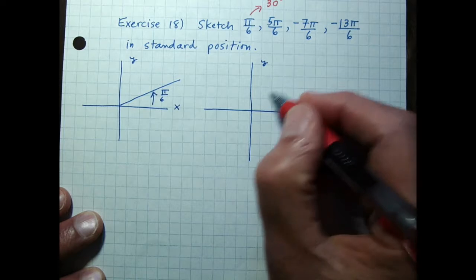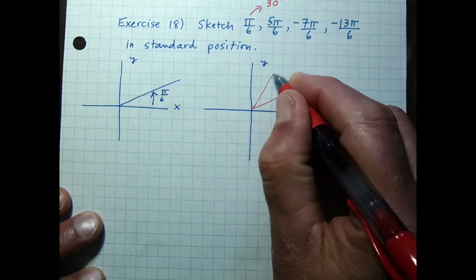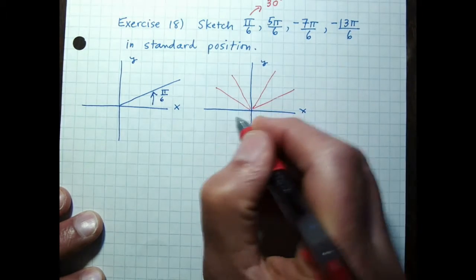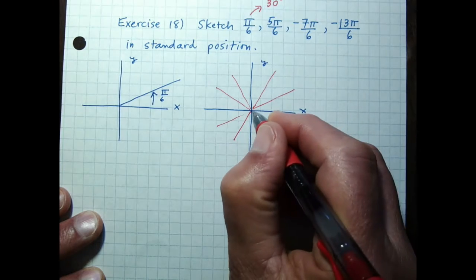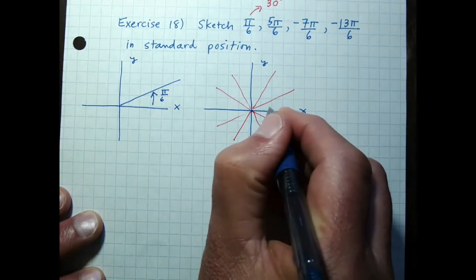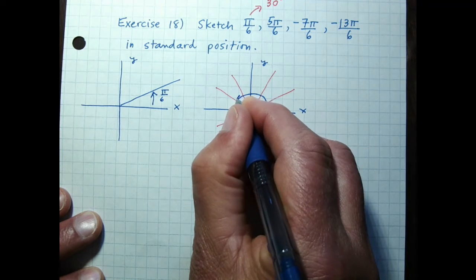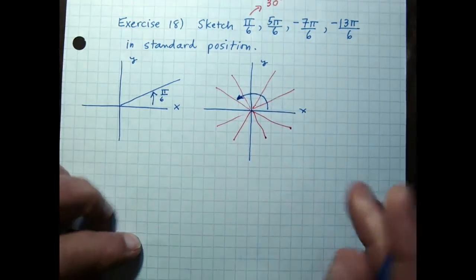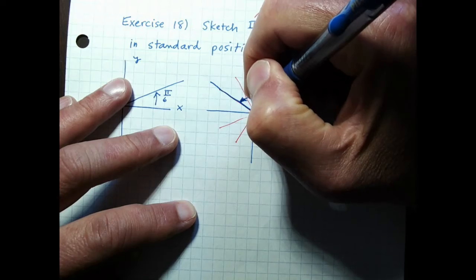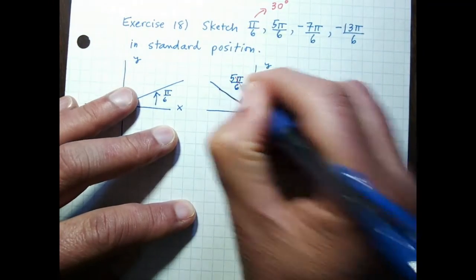If it helps you, you can imagine those 30-degree slices. So 30, 60, 90, 30, 60, 90. So we go around, and that makes it easier for me to count. 1, 2, 3, 4, 5 pi over 6 is going to be right here with terminal side in the second quadrant.